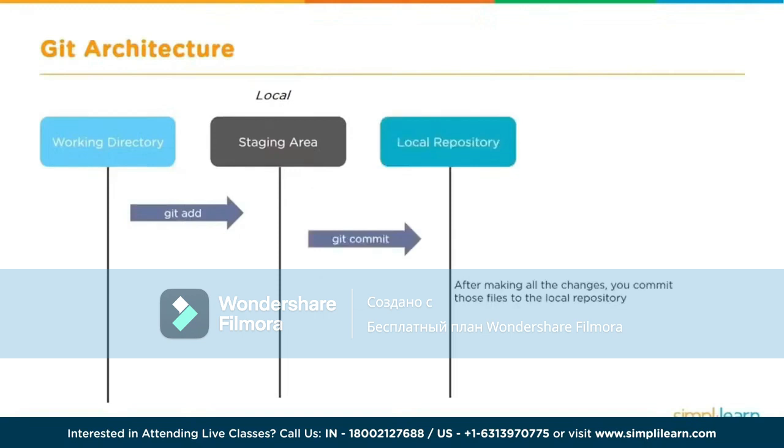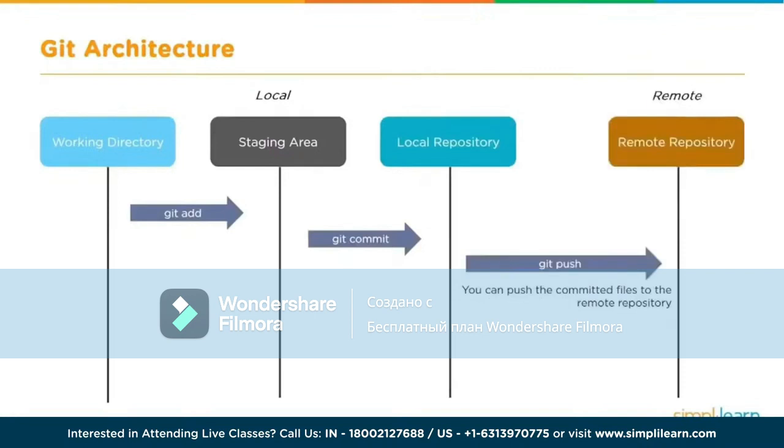You will want to push out all of your changes to a local repository after you've made your changes, and these will commit those files and get them ready for synchronization with the service, and will then push your changes out to the remote repository. An example of a remote repository would be GitHub.